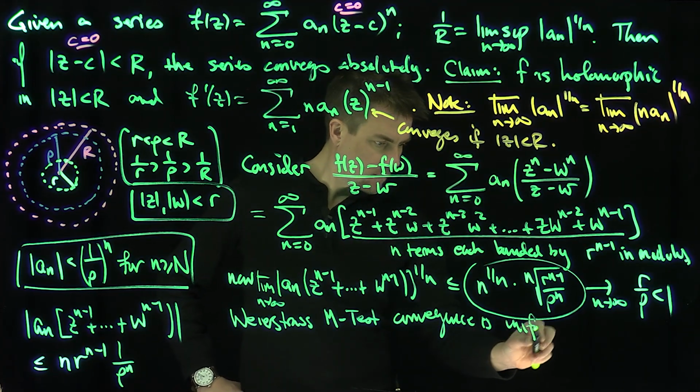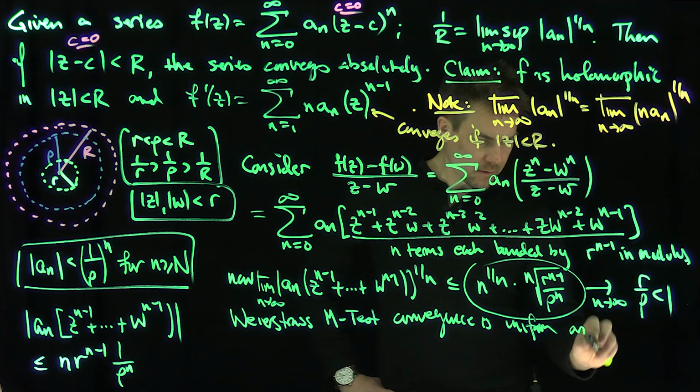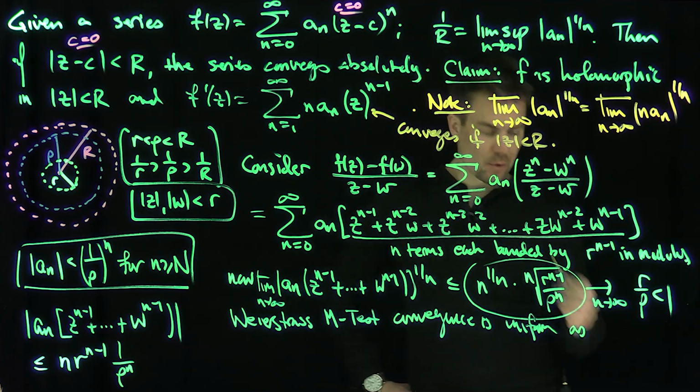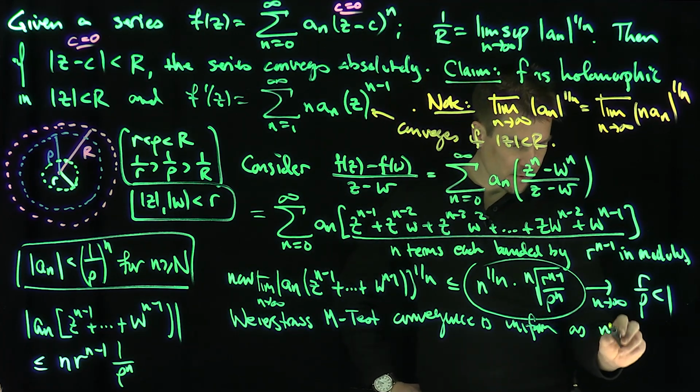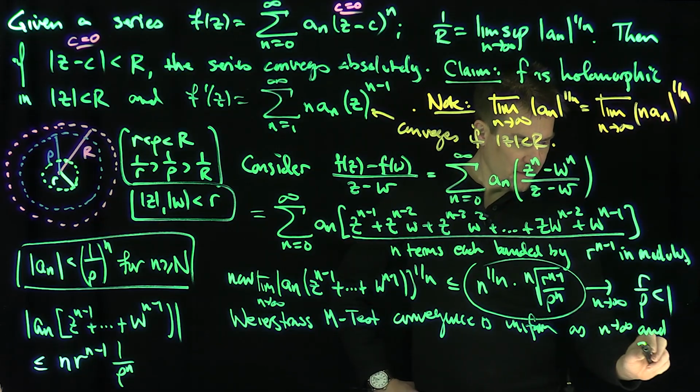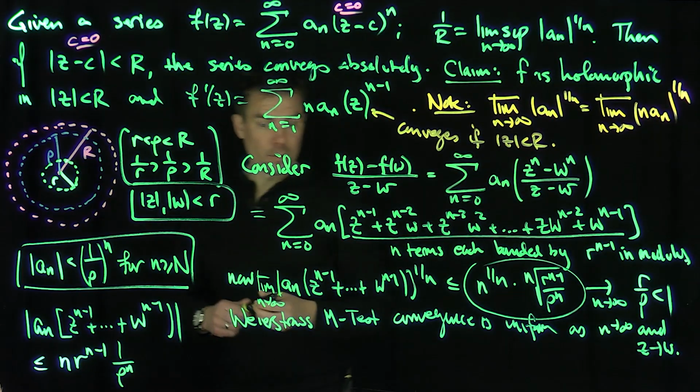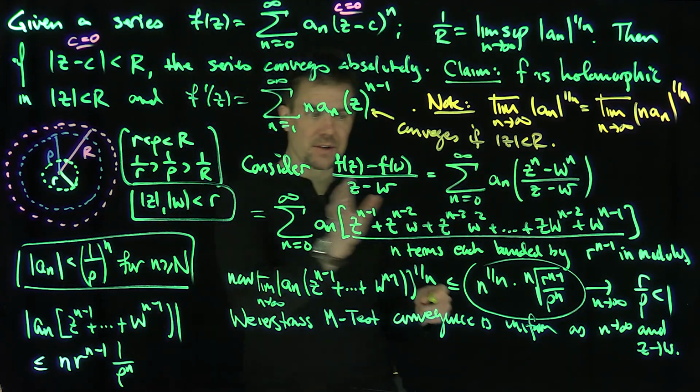As w and z get close to each other, right? As n goes to infinity and z converges to w. So once I have uniform convergence, I can pass this limit through, right?